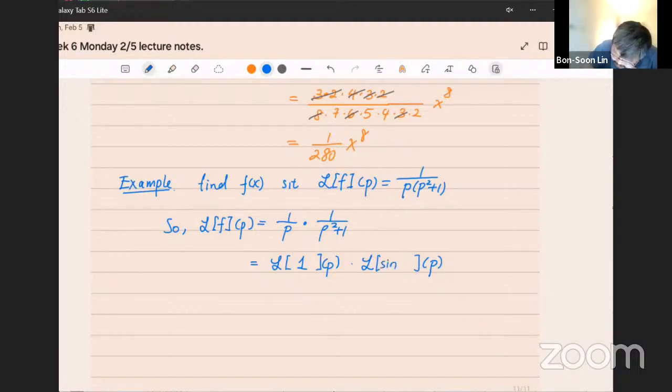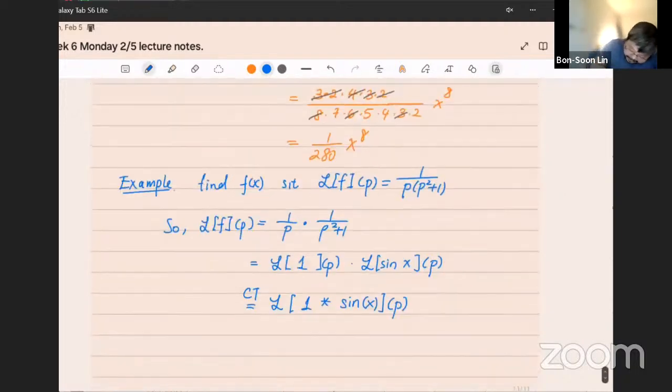Yes. Okay. Well, this is a product of two Laplace transforms. So, by the convolution theorem, a product of Laplace transforms becomes the Laplace transform of the convolution. This is the Laplace transform of the convolution of 1 with sine of x.